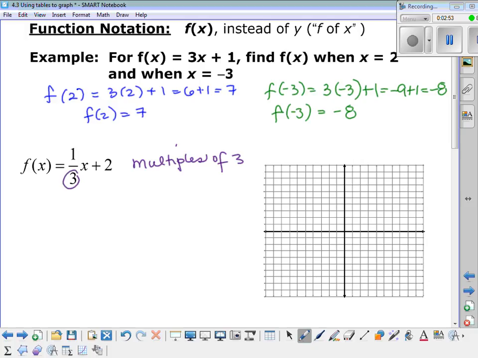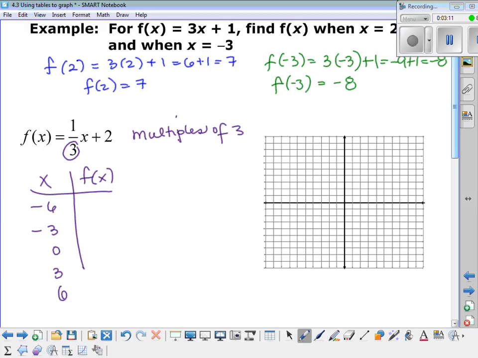So instead of saying negative 2, negative 1, 0, 1, and 2, I do want to still use negative numbers. But this time I'm going to use negative 6, negative 3, 0, 3, and positive 6. That way when I make my table, I'm going to end up with whole numbers. It's going to be easier to graph.